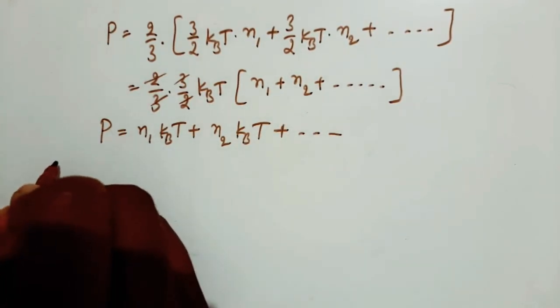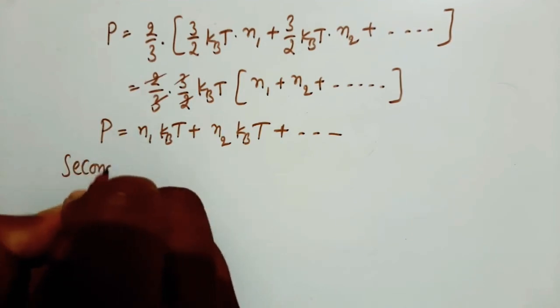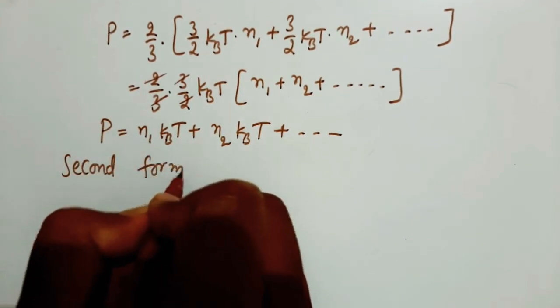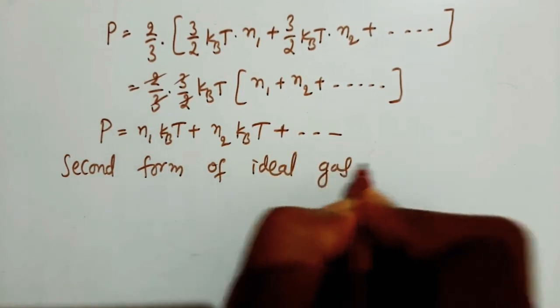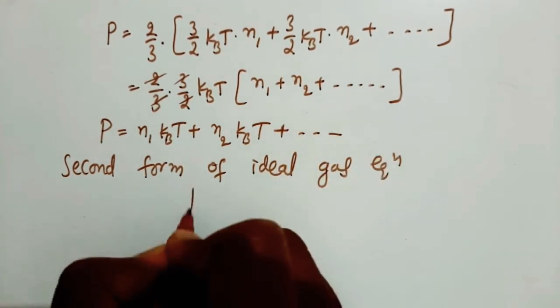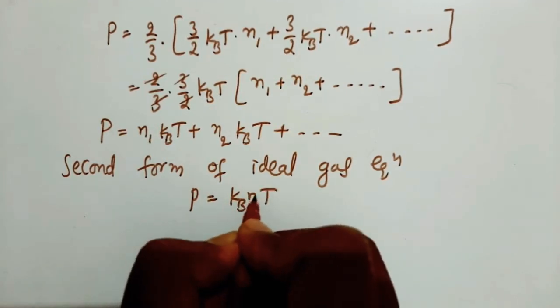So we know the second form of the ideal gas equation, that is P is equal to kBnT.